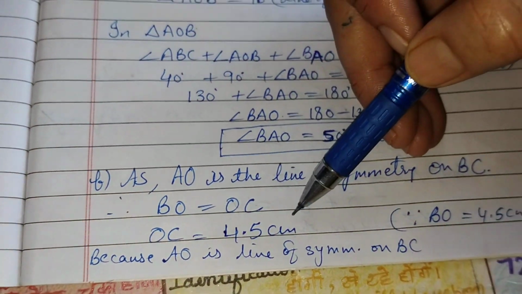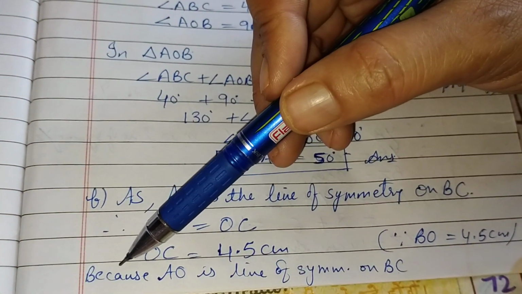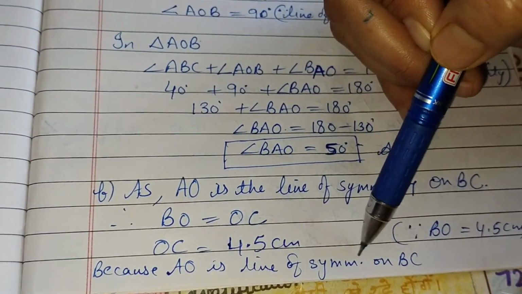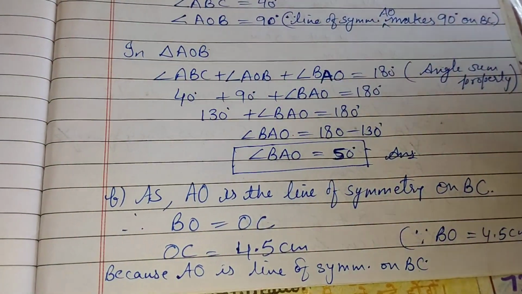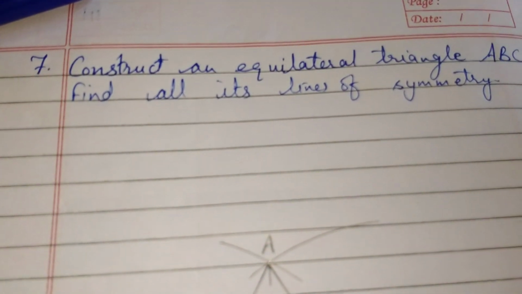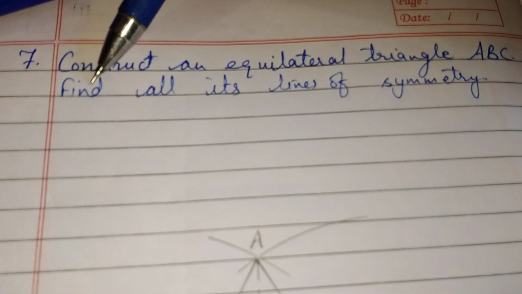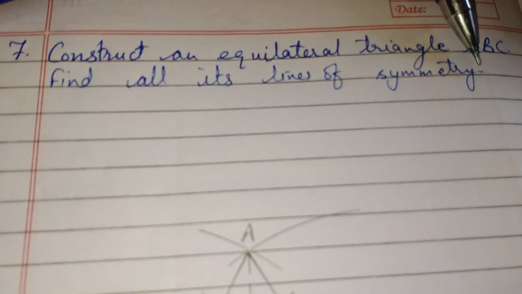Clear? OC is equal to 4.5 centimeter. And the reason is also asked. You can write: because AO is the line of symmetry on BC. Yeah, in this way.